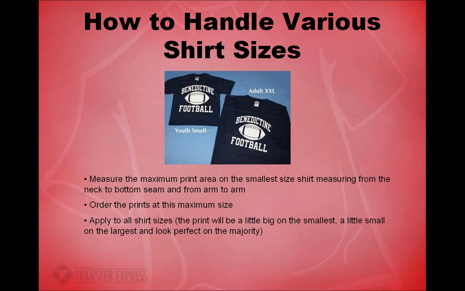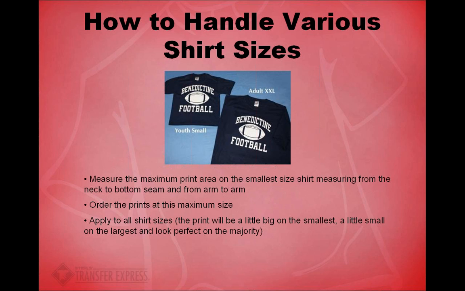I'm going to talk a little bit now about how to handle various shirt sizes. I get a lot of calls for this. People call and say, I have an adult XXL, I have a youth medium, I have a youth small, what do I do? Well, you want to make sure that you measure the maximum print area on the smallest size shirt, measuring from the neck to the bottom seam and from arm to arm.